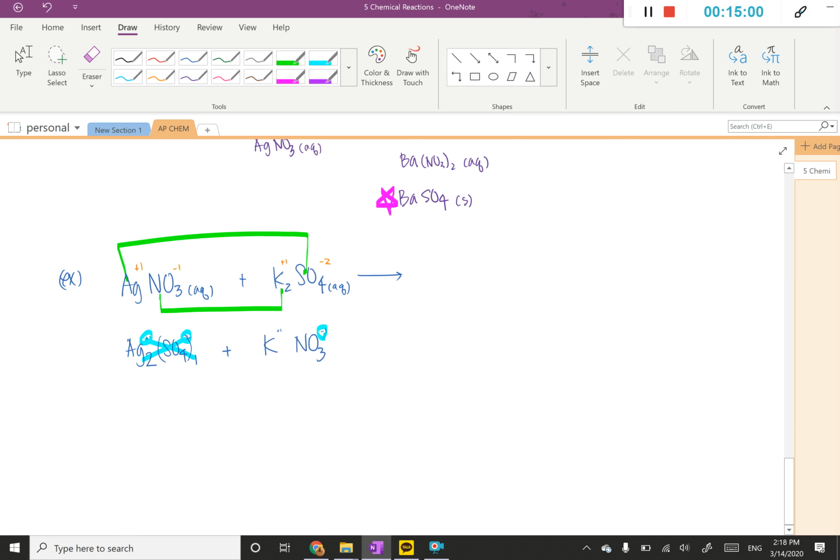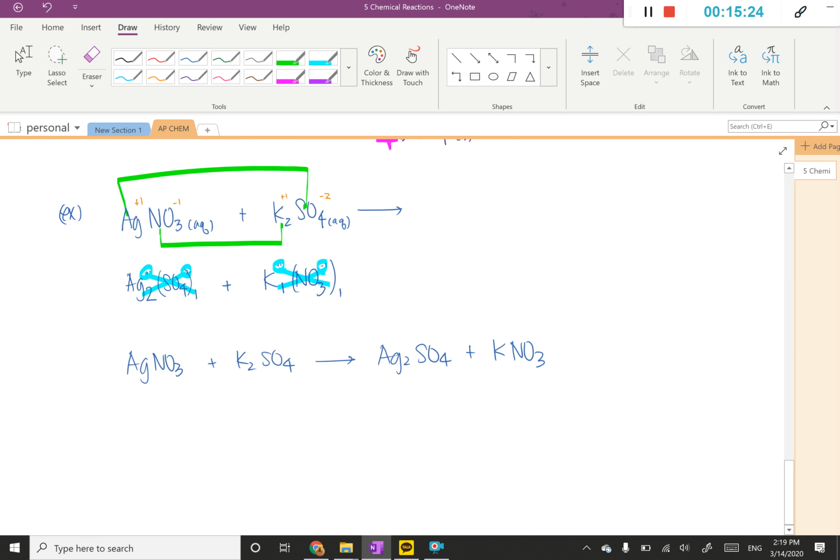Again, you swap and drop, and you see it's a 1-to-1 ratio. The ones there are kind of understood, so you don't really care, right? Okay, so if I were to rewrite this, AgNO3 plus K2SO4 is going to yield Ag2SO4 plus KNO3.